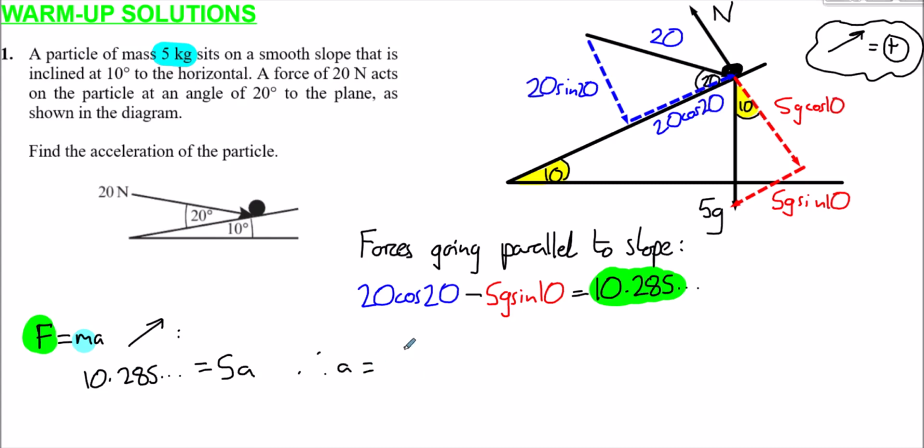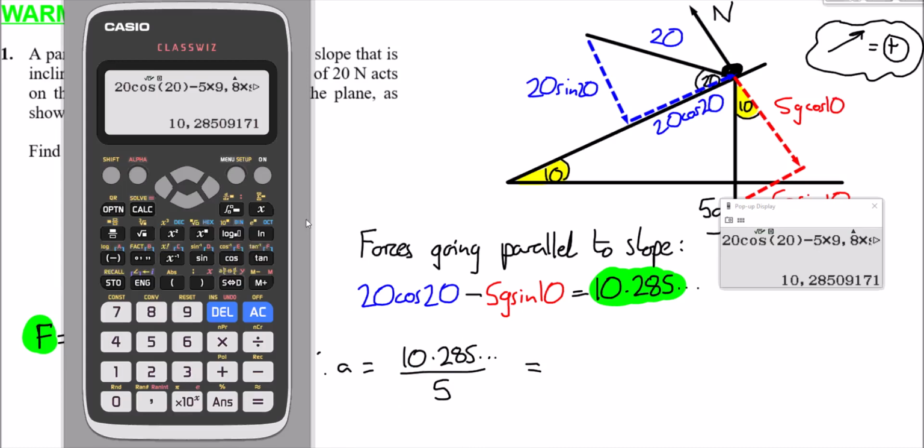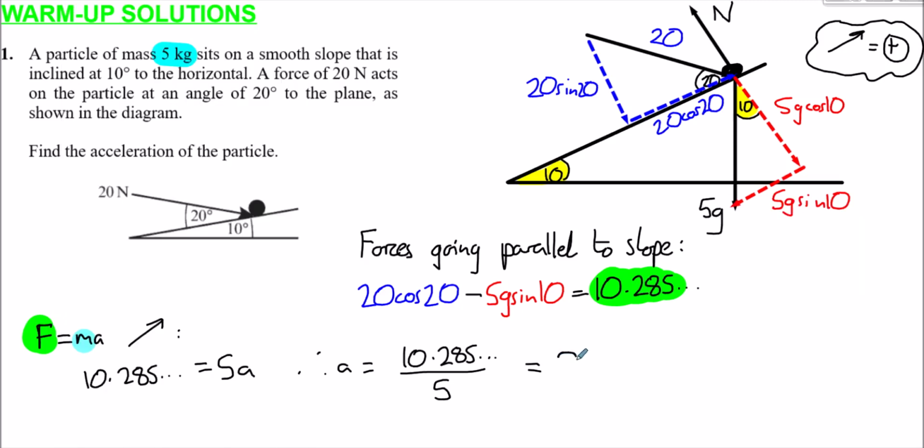Therefore the acceleration is going to be 10.285, the answer we just had from before, divided by 5, so we can use a calculator to leave in that value, divide it by 5, and we get 2.06 metres per second squared, correct to 3 significant figures.